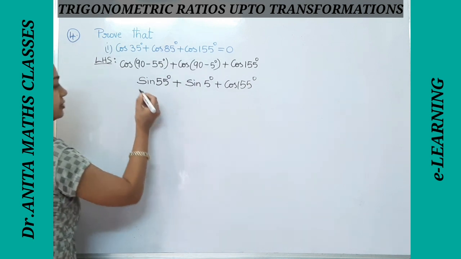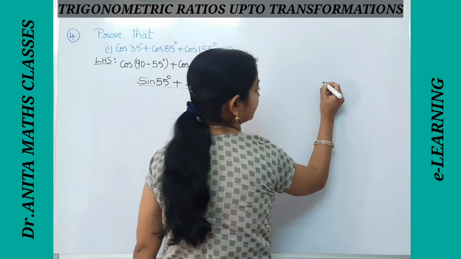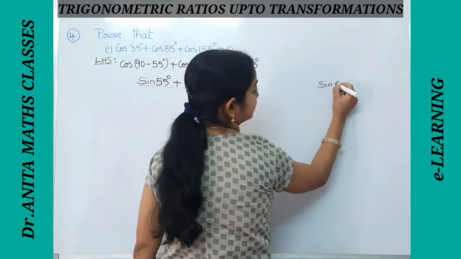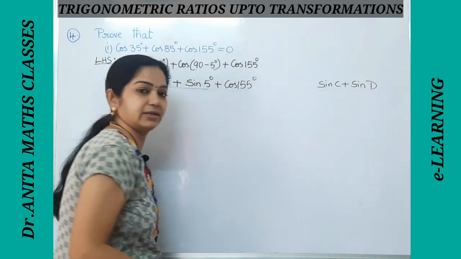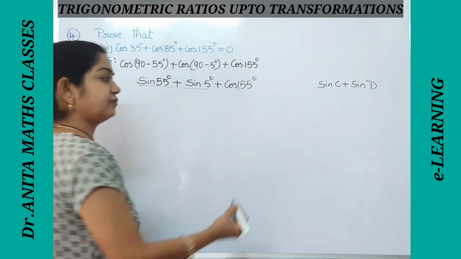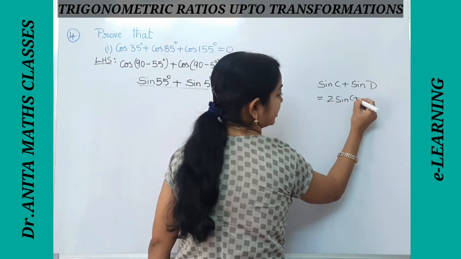Now, when you see these two, we can apply the C and D formulas: sin C plus sin D. This formula is 2 sin (C plus D) by 2.